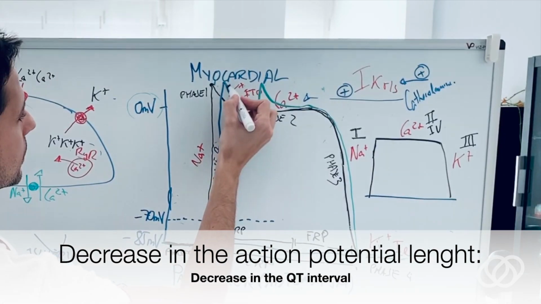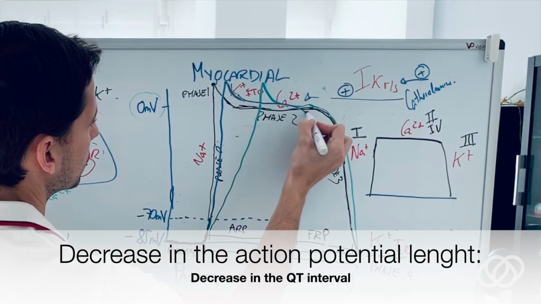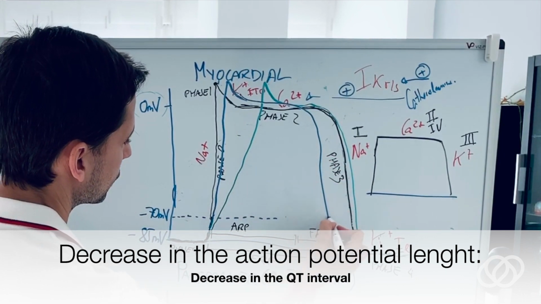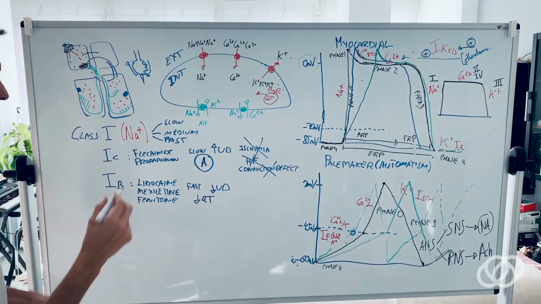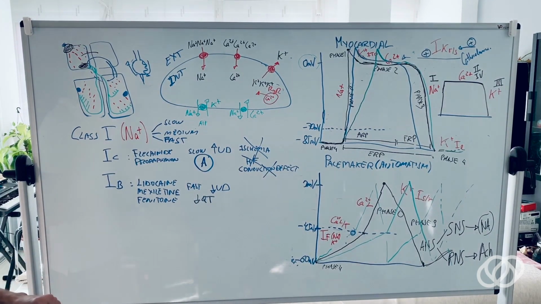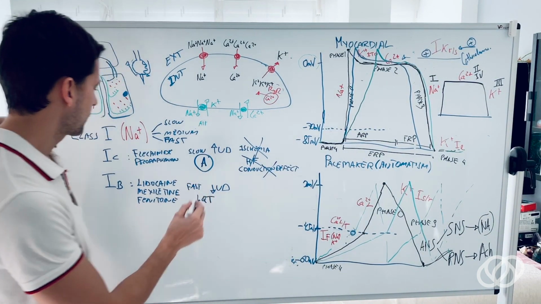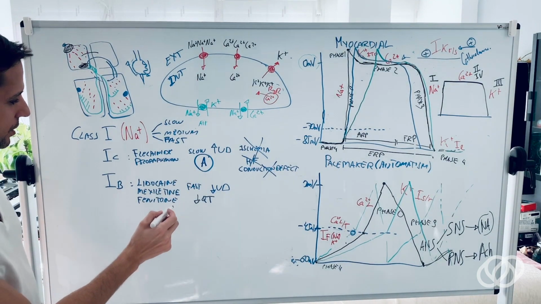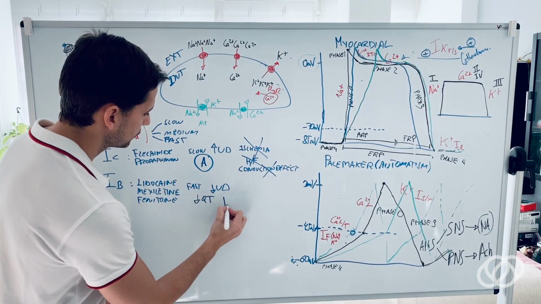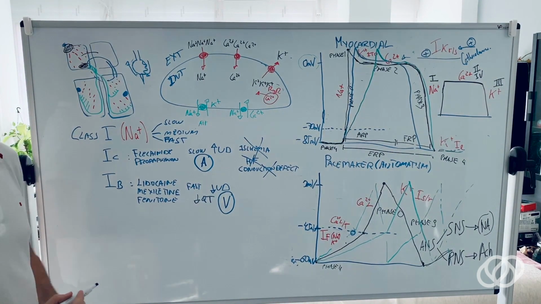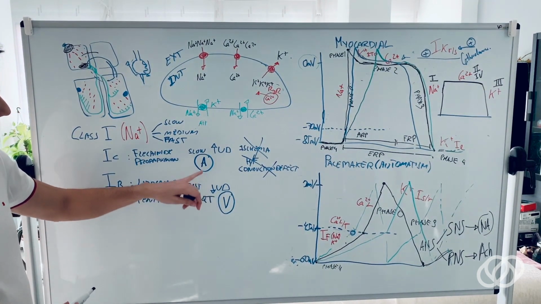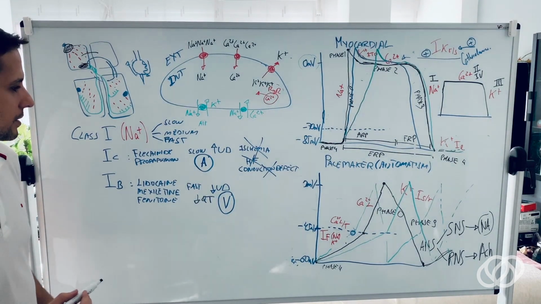So here we have how it will decrease. And it's very useful for some kinds of pathologies. In that case, the other way around, we use it more in ventricular arrhythmias rather than in atrial arrhythmias.